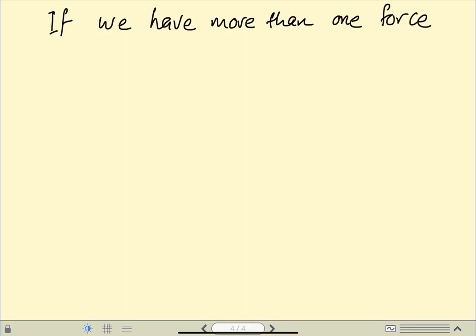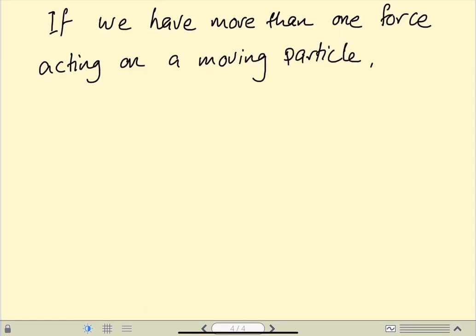If we have more than one force acting on a moving particle, what do you do?